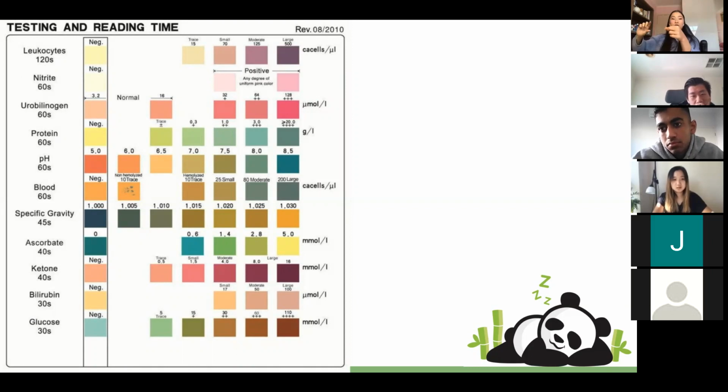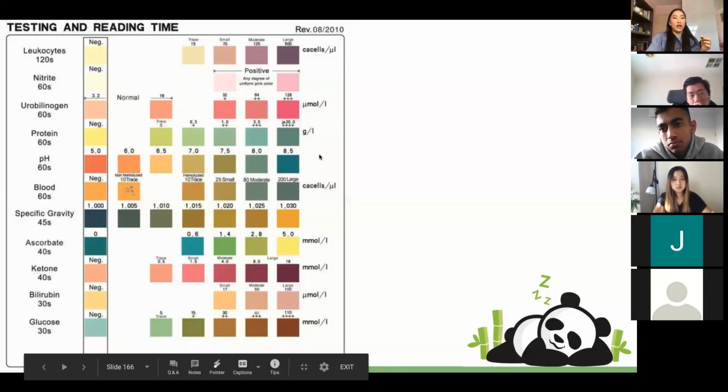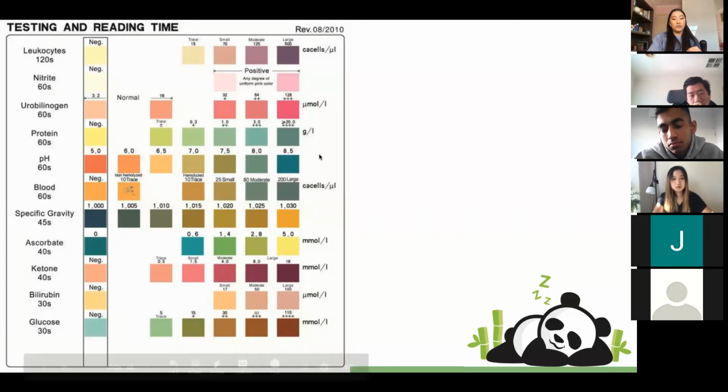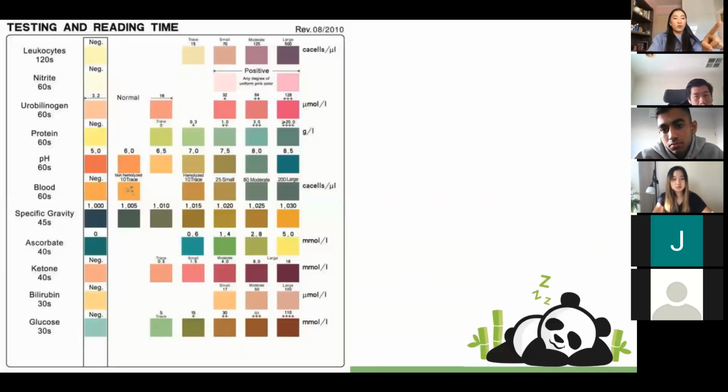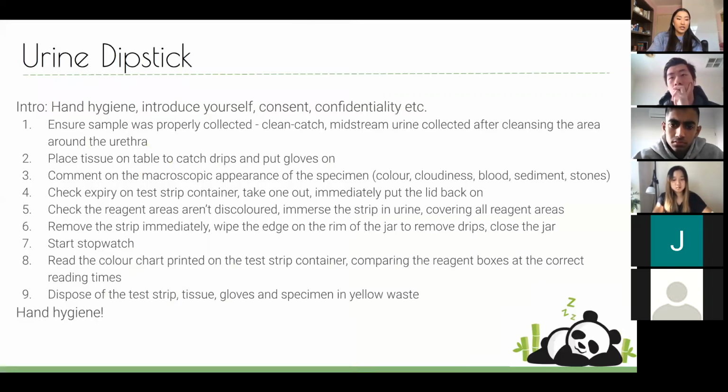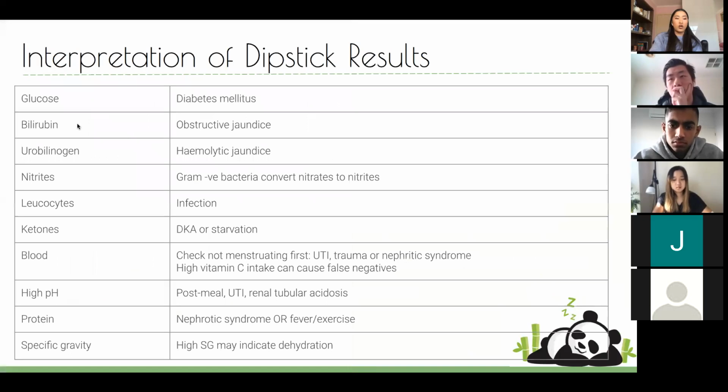So you go down the bottle reading off the strips for the color change. Once you've done that, then you have to interpret the results. This table here is really everything that you have to know. So familiarize yourself with what the strip looks like, so you know what everything is talking about, and then be able to correlate changes with pathology.